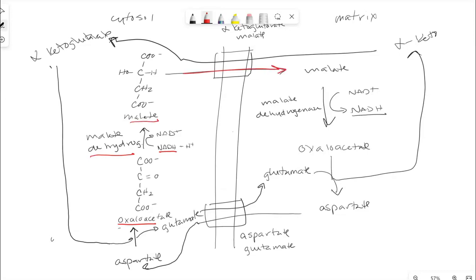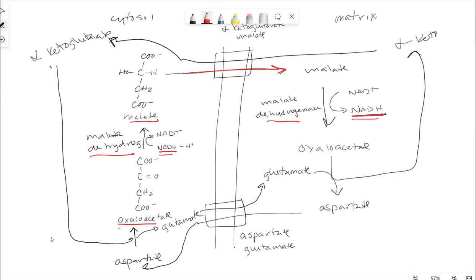Malate is then actively shuttled using the alpha-ketoglutarate malate shuttle into the mitochondrial matrix. The malate can then interact with malate dehydrogenase on the matrix side, releasing the NADH. This re-establishes oxaloacetate, which then, through a couple other steps, gets pulled back through in the form of aspartate, has to react with alpha-ketoglutarate to reform oxaloacetate again. So the important thing, NADH goes into malate, NADH comes out of malate.